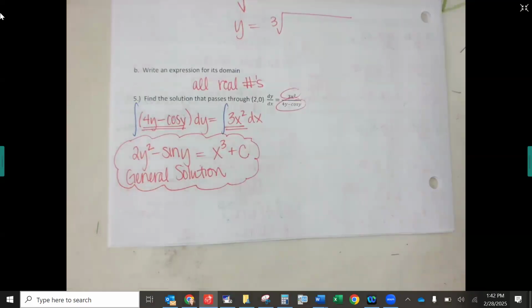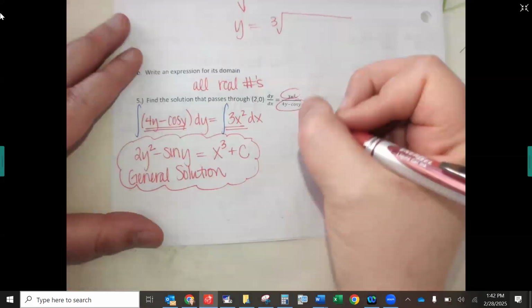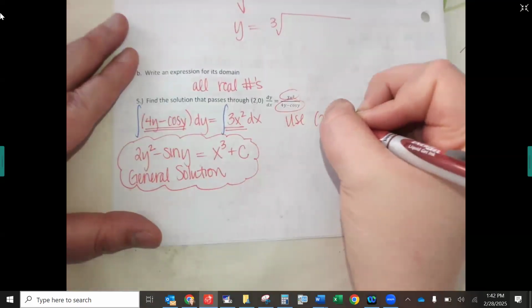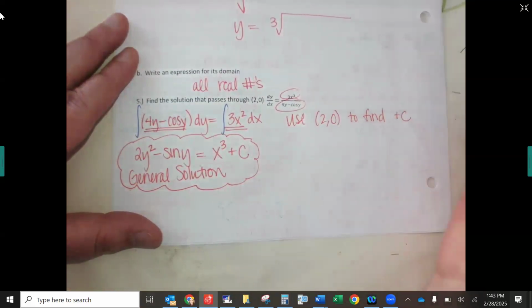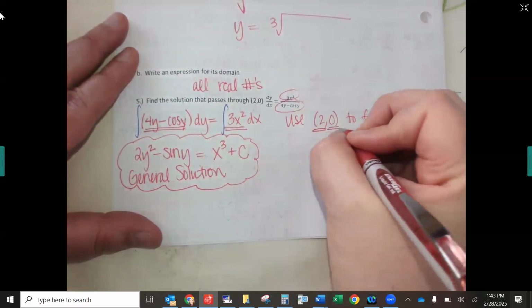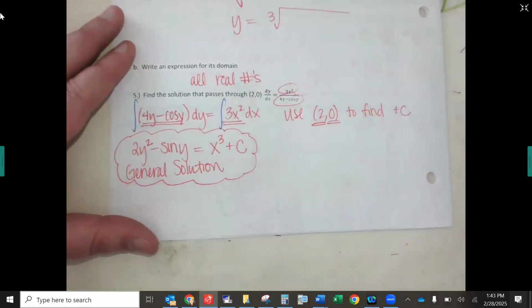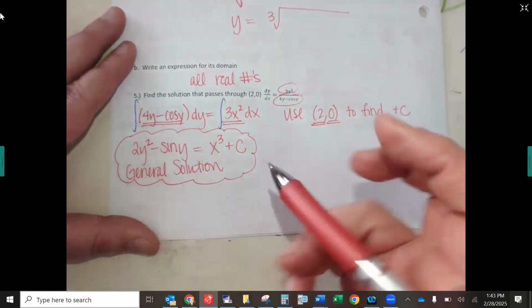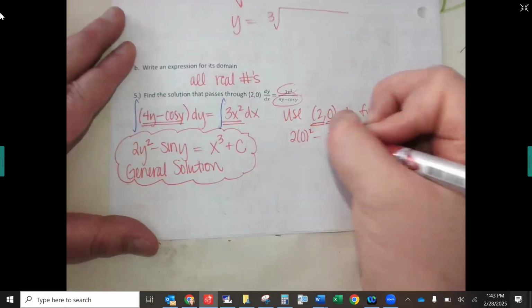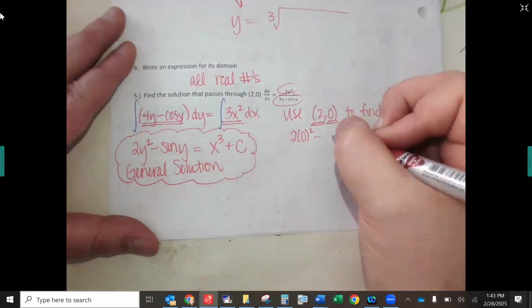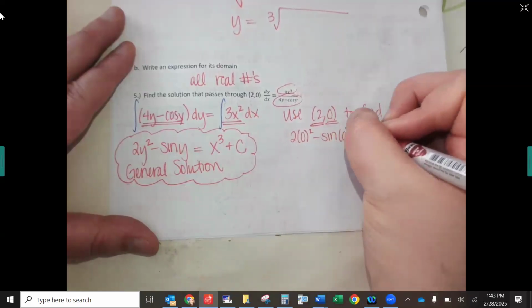My ordered pair is 2, 0. So now I'm going to use that to find the c. So my x is going to be a 2, my y is going to be a 0. So my 2y squared is now a 2 times 0 squared. Minus my sine y is now a sine 0.